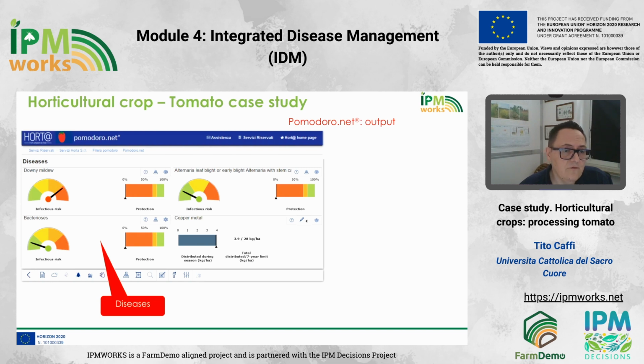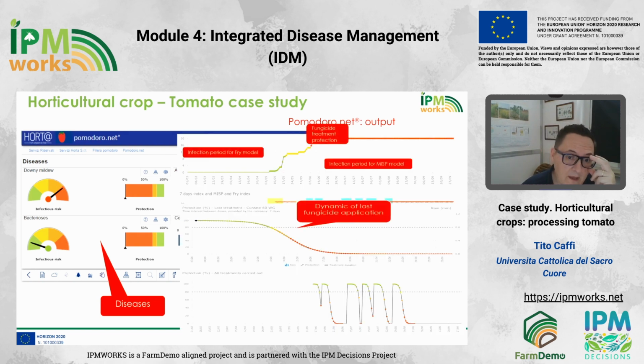We can use information retrieved by those models in order to follow the infection period, so the risk level due to the environmental condition, your field, your management techniques, the weather, of course, combining fungicide treatment, so specific treatment applied in the greenhouse before transplantation, for instance, but also, of course, during the season.